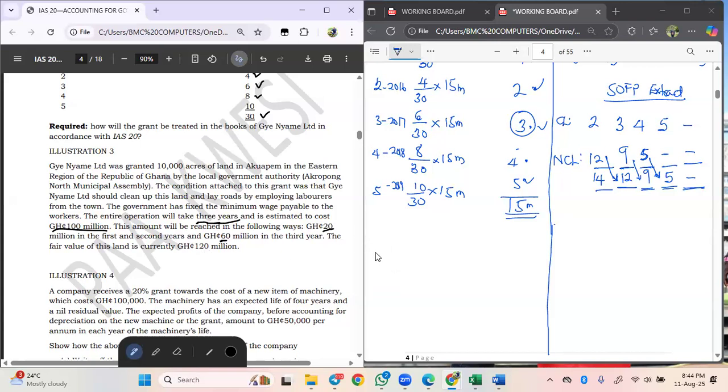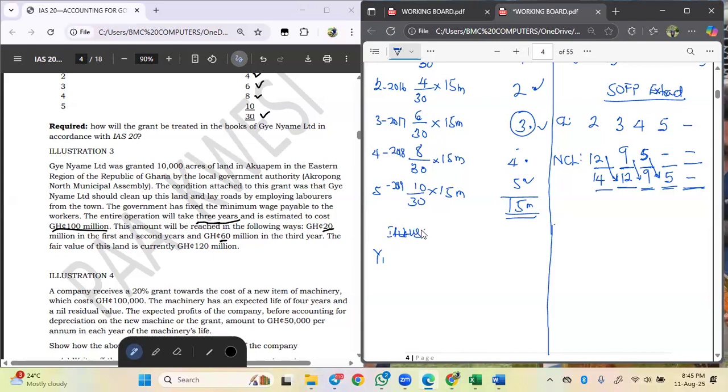Let me do the year 1. So for year 1, illustration 3. The year 1 will be the 20 million that will be released here over the total cost, 100 million, times the fair value of the land, because the land is what they received as a grant, the 10,000 acres.